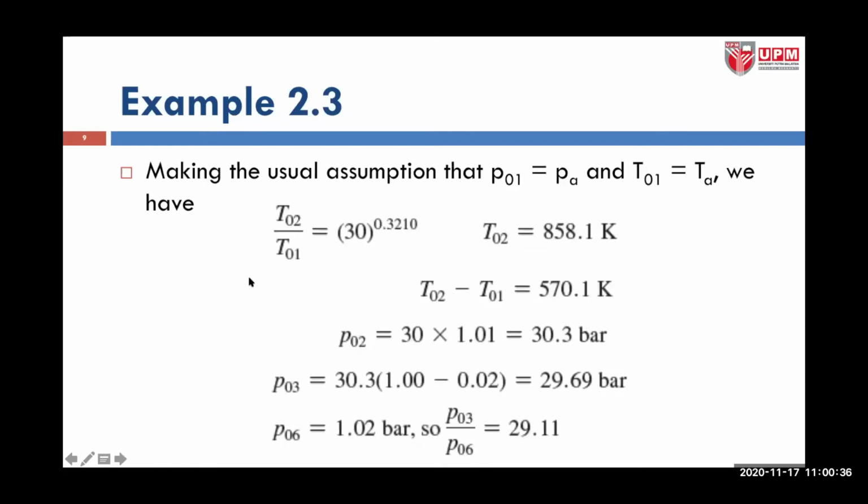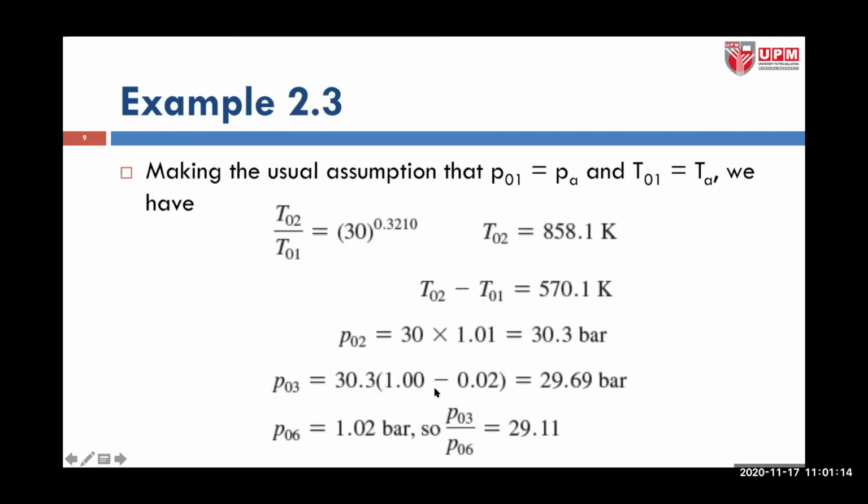Then, making use of the usual assumption that the ambient pressure equals PO1 and ambient temperature equals TO1, we will have the corresponding value of TO2, and the difference between TO2 and TO1 is 570.1 Kelvin.